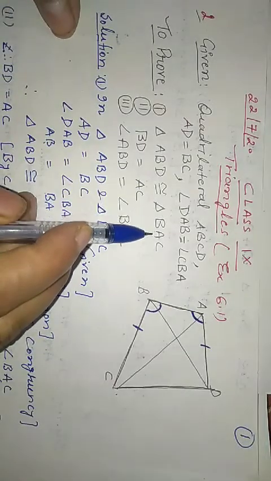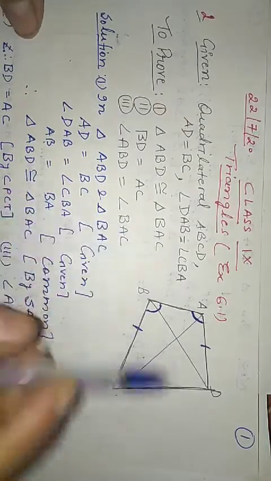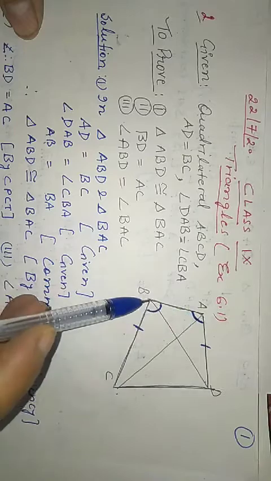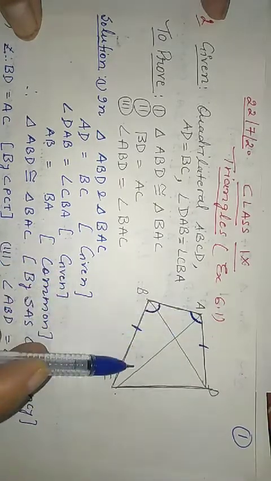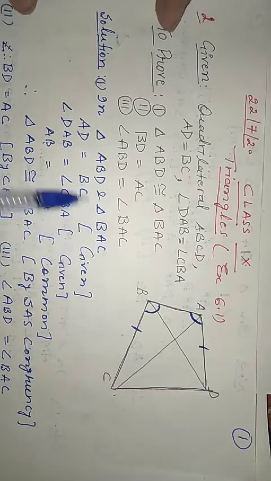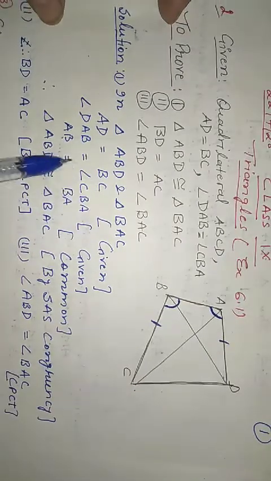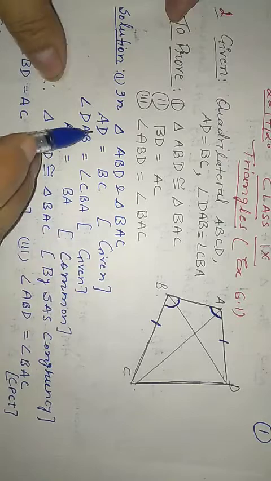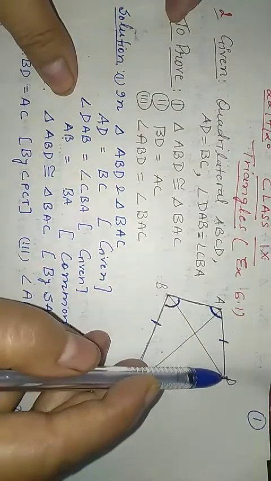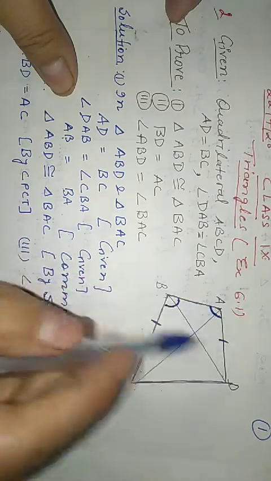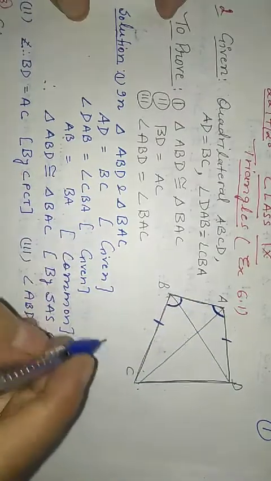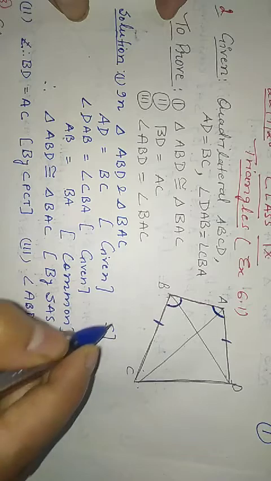Now we have to prove that triangle ABD is congruent to triangle BAC. We will take any of the 3 properties we have seen. Here it is given AD is equal to BC, that we have taken, this is a side. So here we write side.